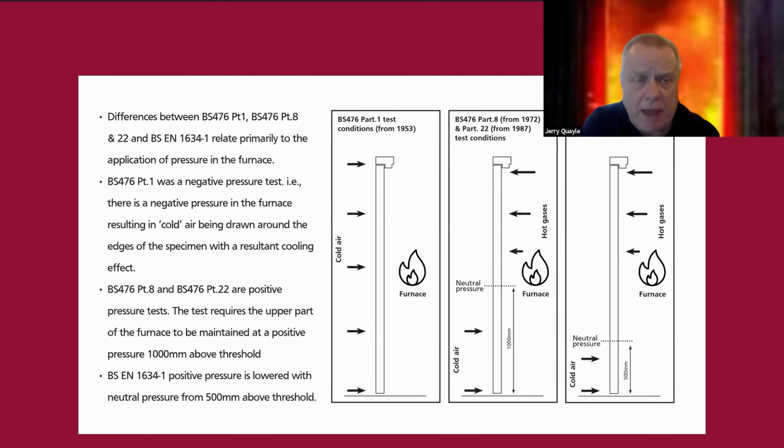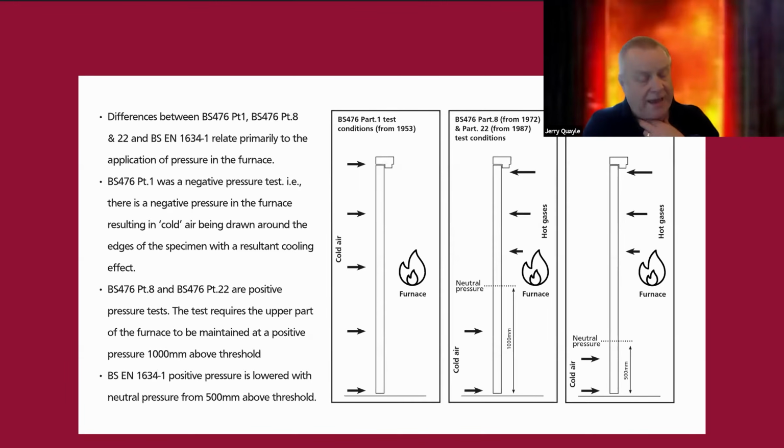But tracing back our use of fire door standards, it actually started way before this first slide that you can see in 1953, BS 476 Part 1, and goes back to just before the start of the Second World War in the UK.